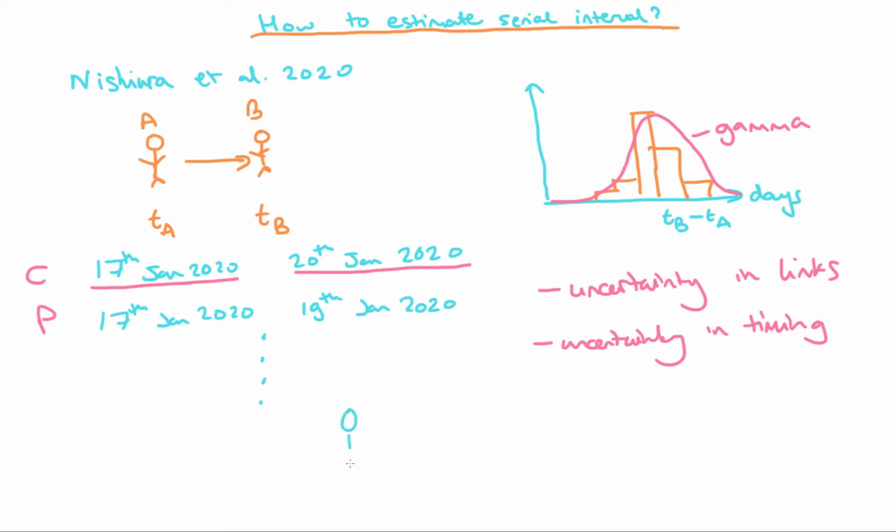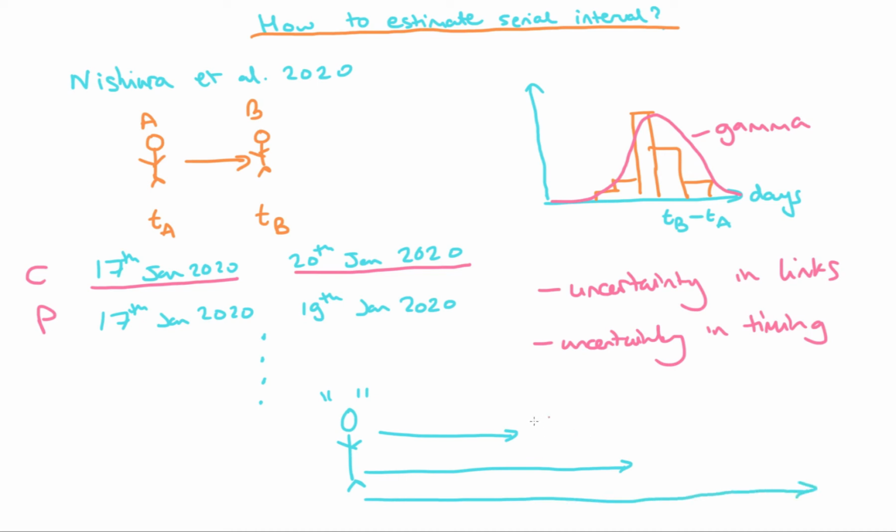There's also a subtle way in which the naive approach I've described thus far can go wrong. Imagine that we've got an individual who is infectious and they infect a certain person at a given time point, who later has symptoms, and then they go on to infect a bunch of other individuals at future time points. Now, if we are sampling at the beginning of an epidemic, it is possible that we are truncating this distribution, because we are sampling before we have had time to see all the people that that individual has subsequently infected.